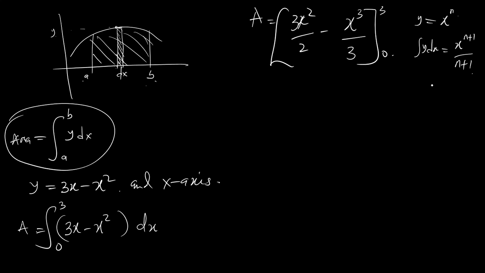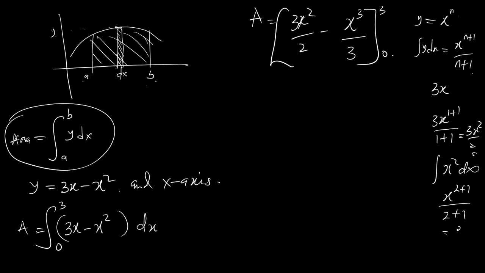So if you integrate 3x, you have 3x raised to power 1 plus 1 divided by 1 plus 1, which is 3x squared divided by 2. That is how we got this. For x squared, if we integrate this, you have x raised to power 2 plus 1 divided by 2 plus 1, so this will give you x cubed over 3.